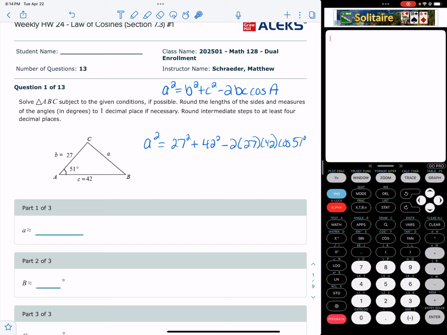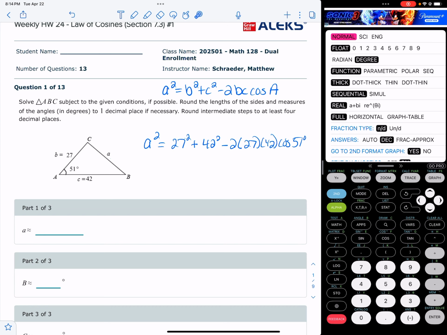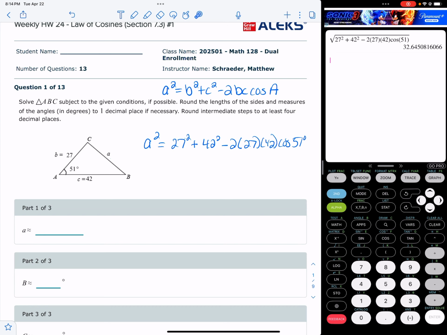So we hit second, square root, 27 squared plus 42 squared minus 2 times 27 times 42 cosine 51. Make sure you're in degree mode, which I am, equals. And so we get that side A is 32.6.